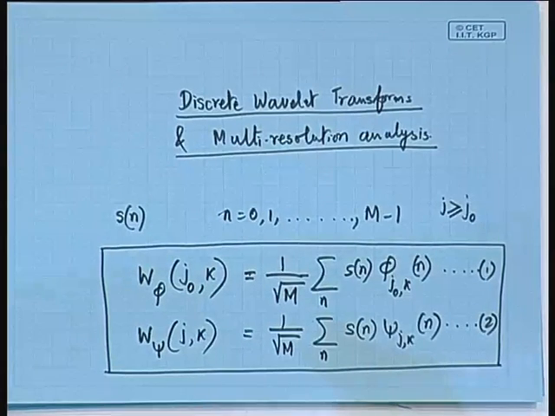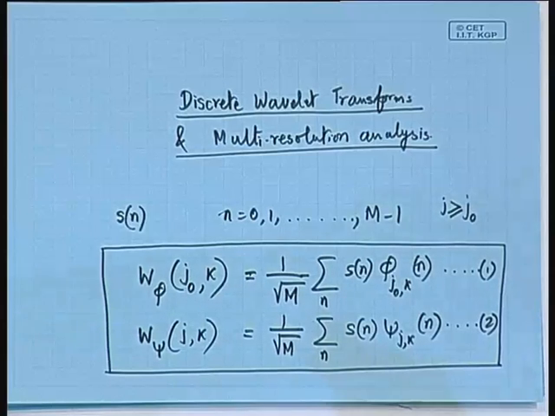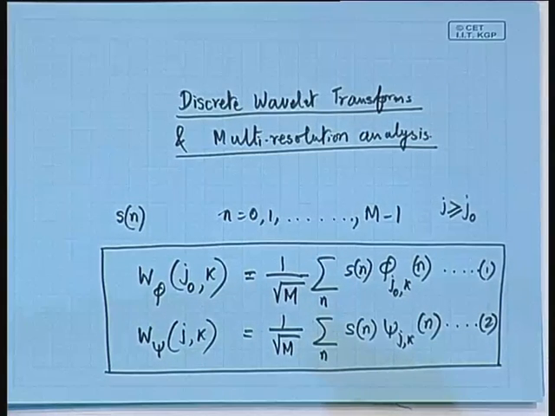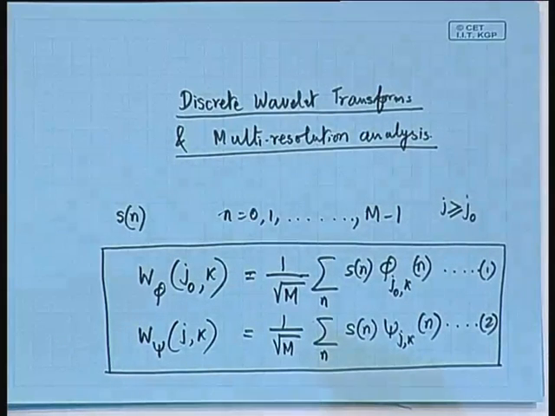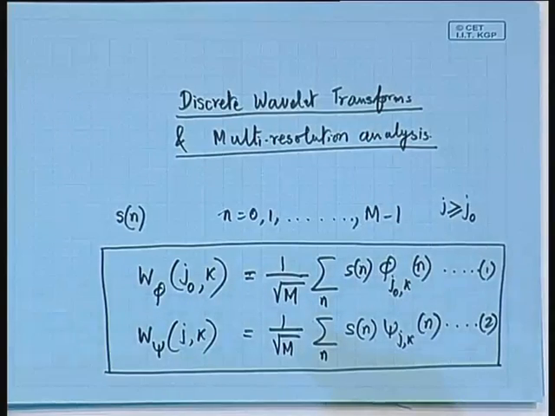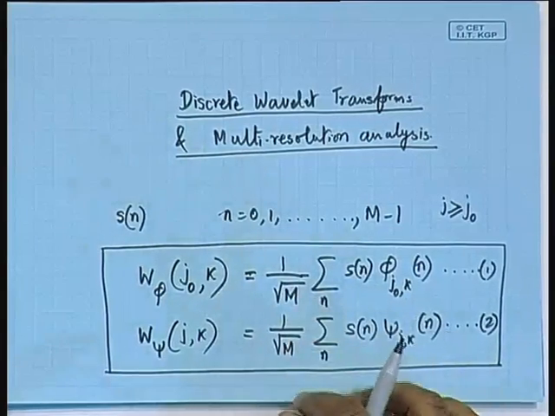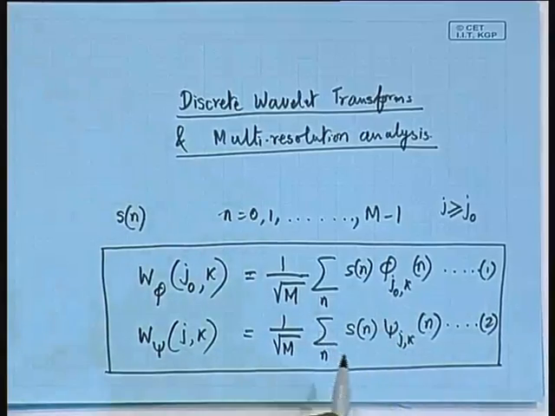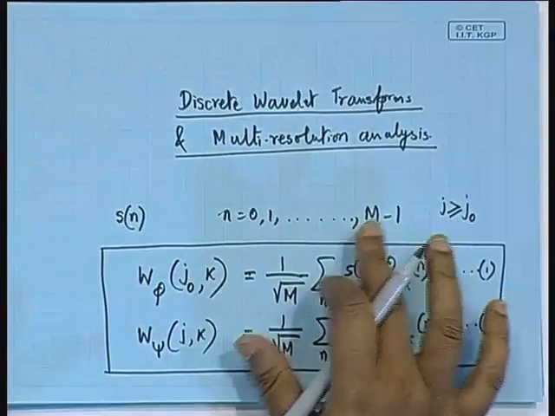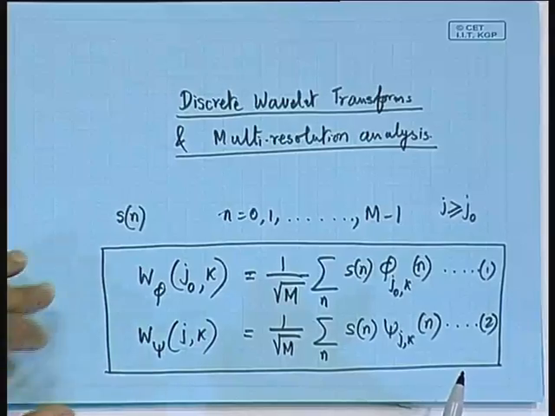Even in the continuous Fourier transform, if you remember, some books will show it as 1 by root over 2 pi in the forward Fourier transform, and in the inverse Fourier transform they will also show another 1 by root over 2 pi. Some books mention 1 by 2 pi in the forward and unity in the inverse. By very similar logic, this sort of normalization will be there. In our case, M is nothing but the number of samples.